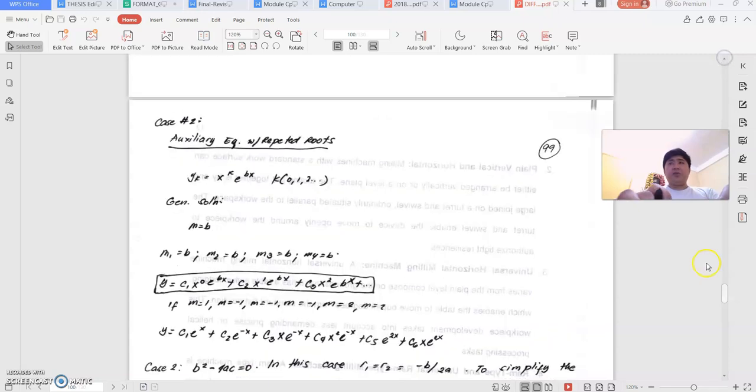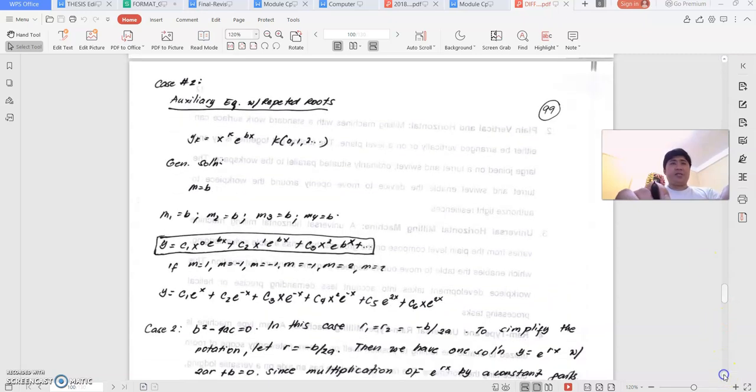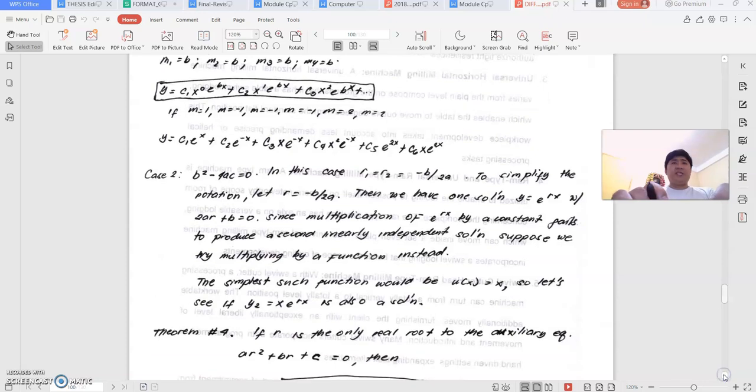Differential equation to general solution. So, let's try. For example, you are just given these roots: 1, negative 1, negative 1, negative 1, 2, and 2. If you could see here, how many roots do we have? 1, 2, 3, 4, 5, 6. So you are expected to have 6 arbitrary constants.